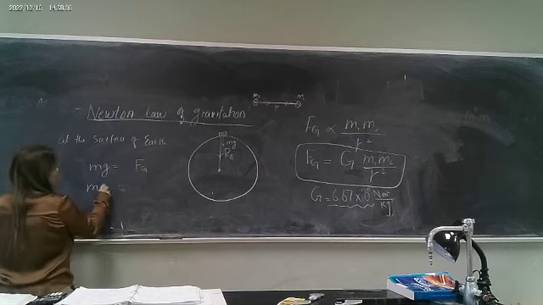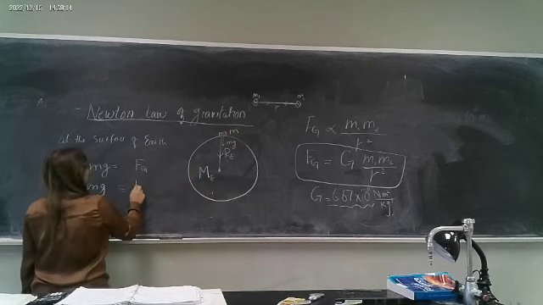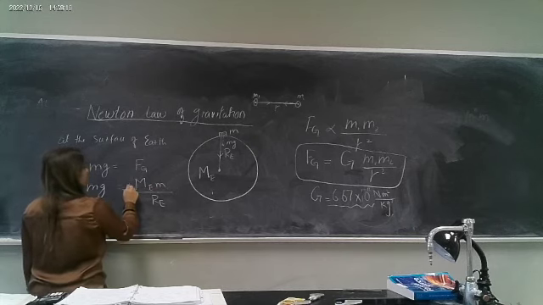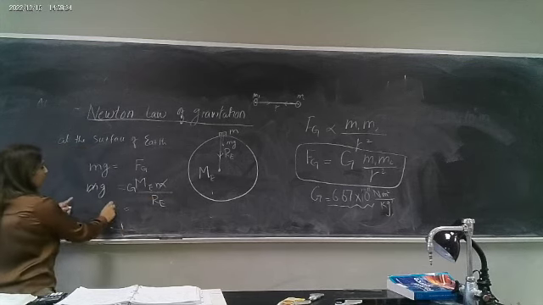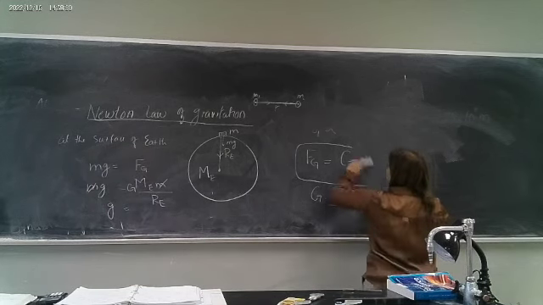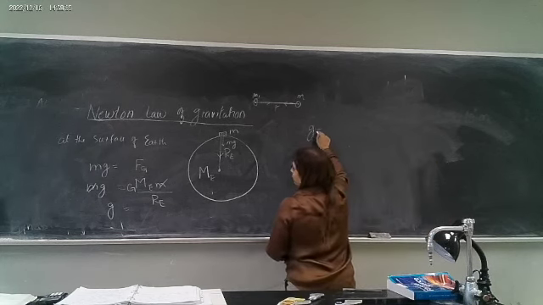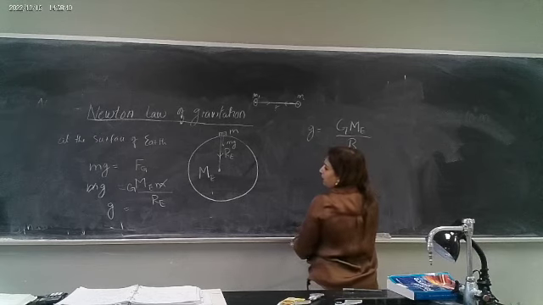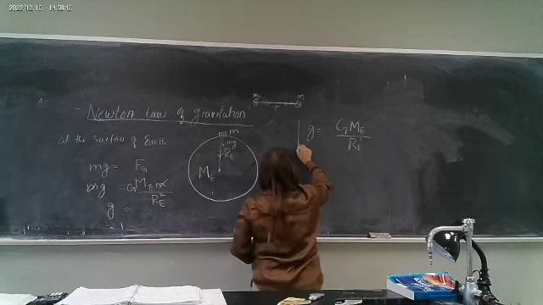If I call the mass of the Earth ME, and this is m, then mg equals G ME m over RE squared, where RE is the distance between them, and big G is the gravitational constant. This gives me a formula for g in terms of the gravitational constant: g would be equal to G ME over RE squared. Now that is at the surface of Earth.